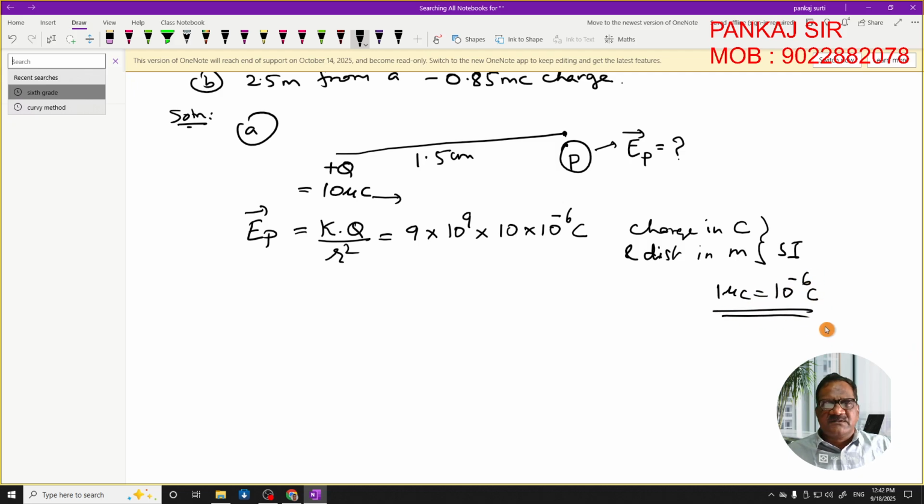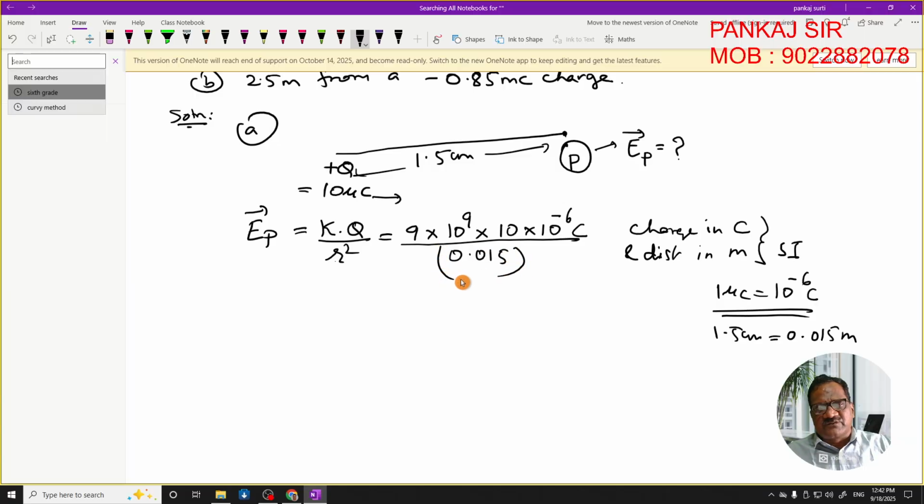So 10 into 10 raised to minus 6, whole thing divided by R square. Now R is the distance between the point and the charge. It's 1.5 centimeter, so in meters that is 0.015 meters, right? So I'll take this as 0.015 whole square.